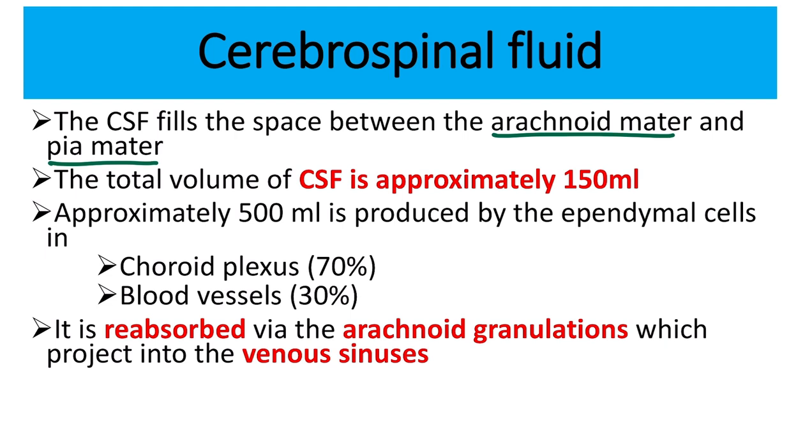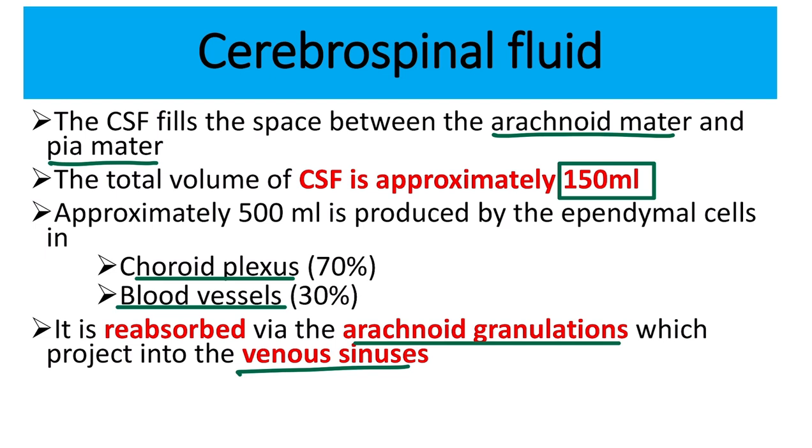The volume of the cerebrospinal fluid is 150 ml, and it is produced from the choroid plexus of the different ventricles and also from the lining epithelium of the blood vessels. So cerebrospinal fluid is not only produced from the choroid plexus of the ventricles, but also from the blood vessels, and it is reabsorbed in the arachnoid granulations in the venous sinuses.